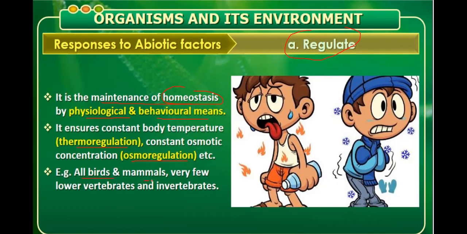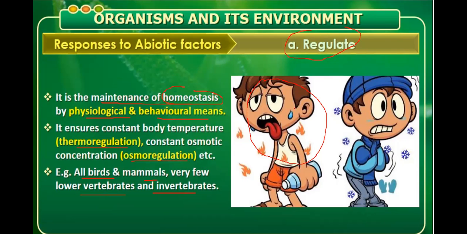All birds and mammals and very few lower invertebrates and vertebrates are regulators. Means if the body has a constant body temperature, and due to exercise the body temperature goes up, then what will happen?